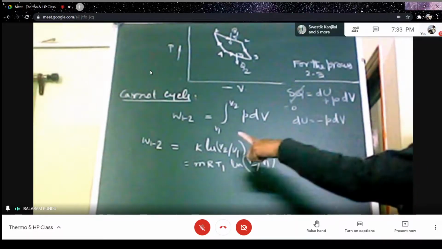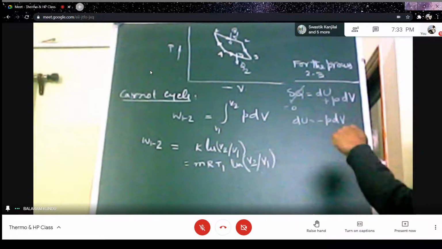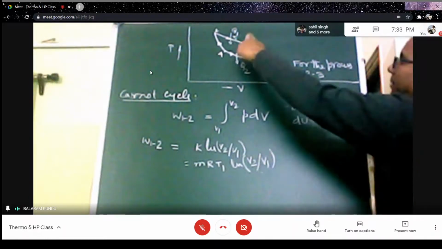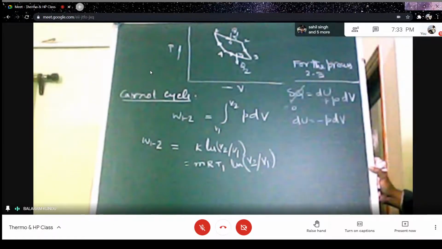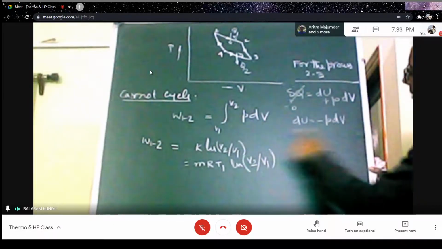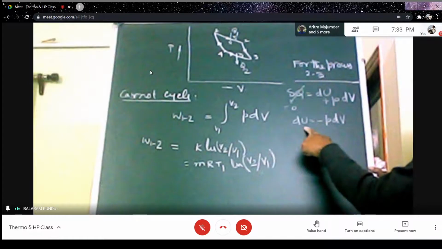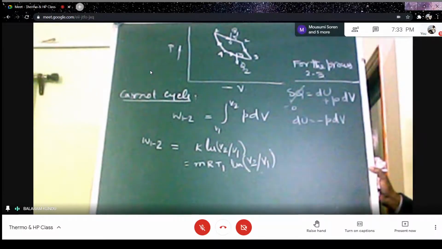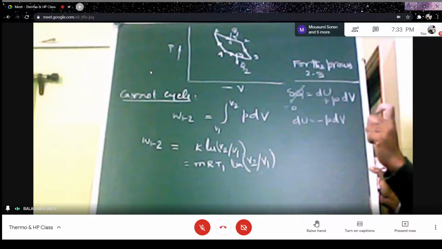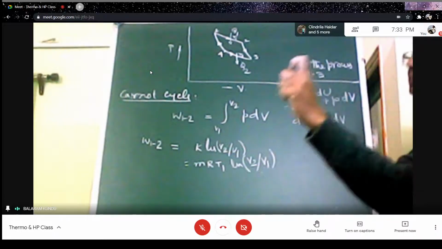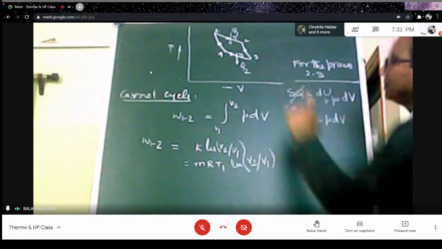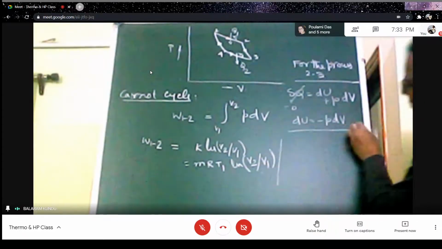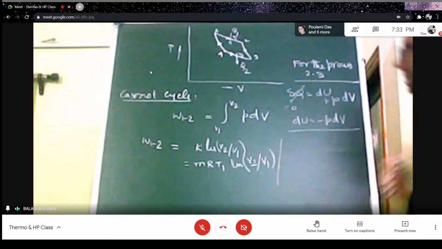So if you want to determine the work developed for the process from 2 to 3, directly you can get this. So this is one way to get one mathematical expression. I will do these things later.